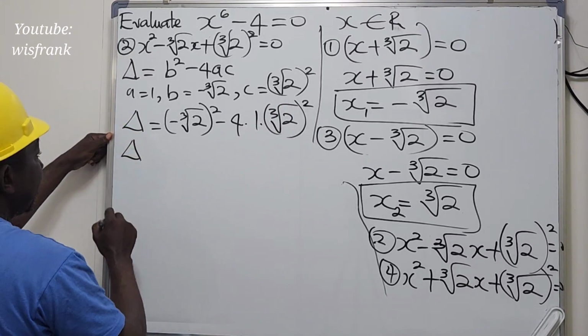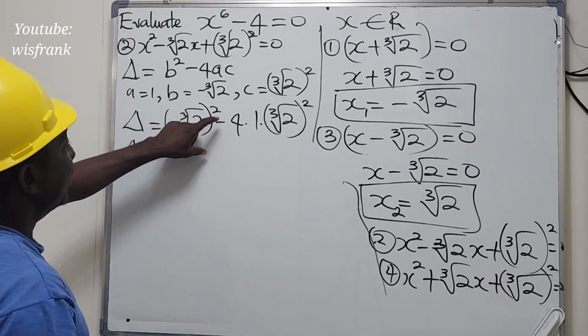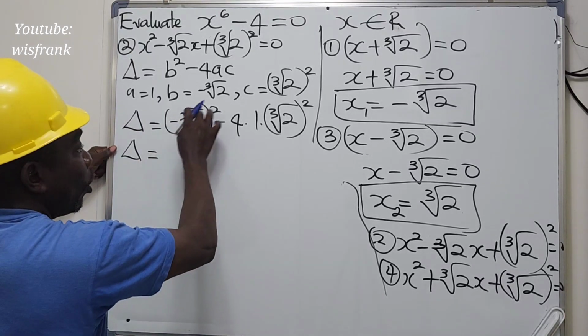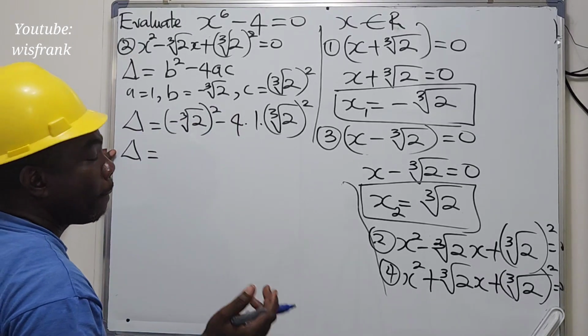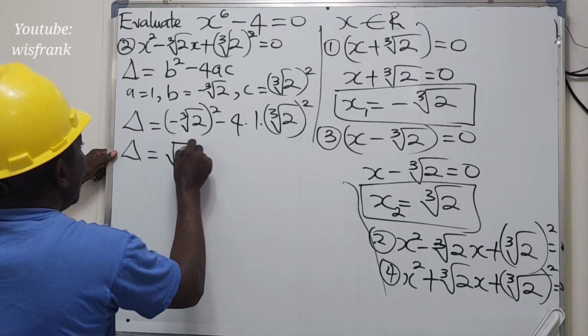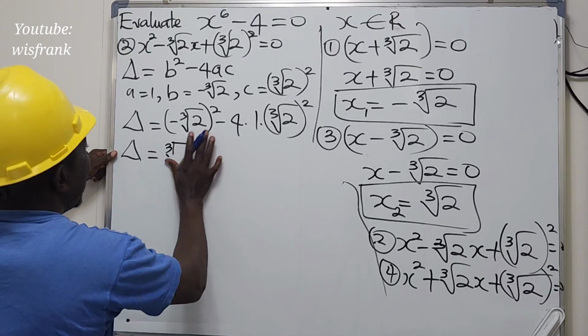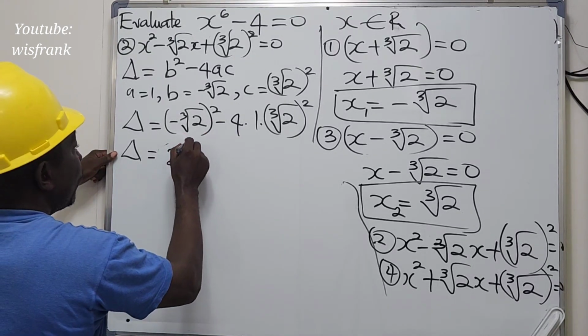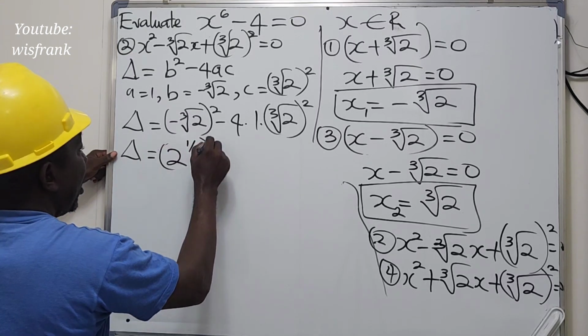Minus 1 to the power of 2 turns to plus, so this becomes cube root of 2, or we can write it as 2 to the power of 1 over 3, all to the power of 2.